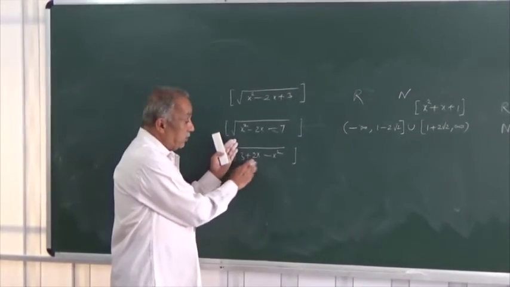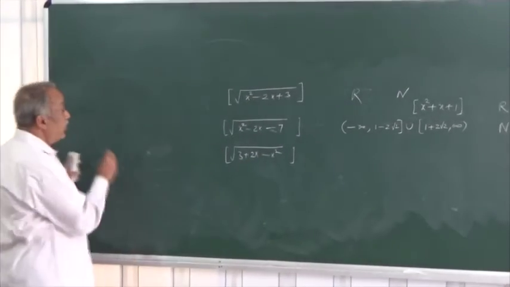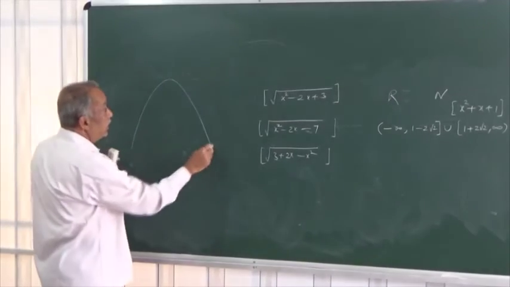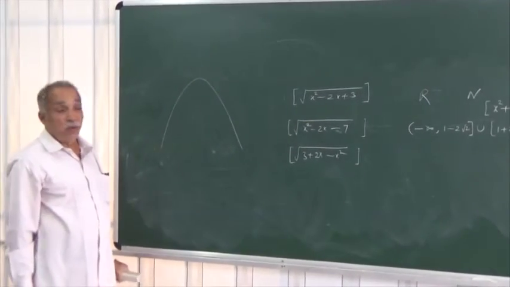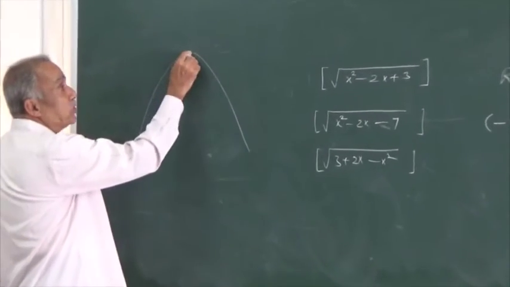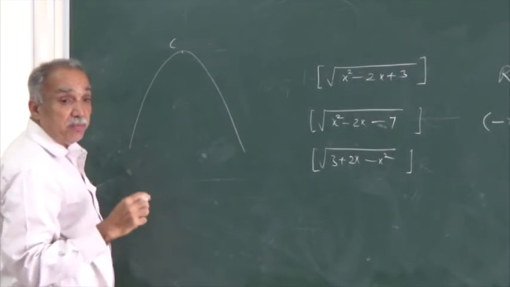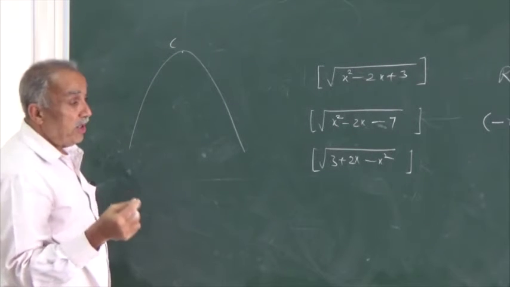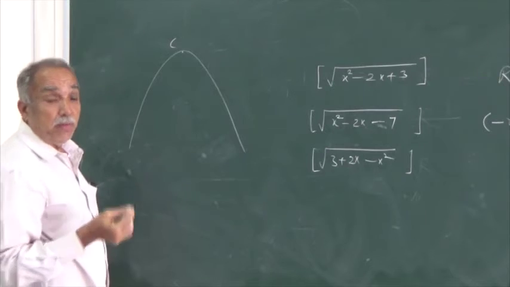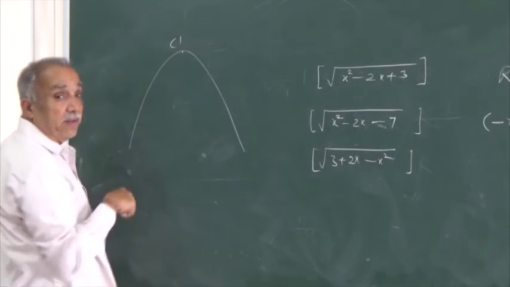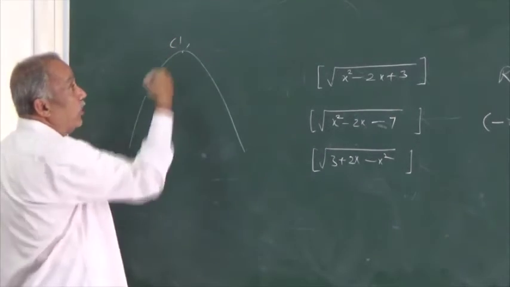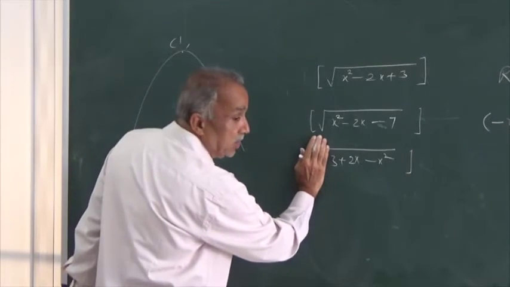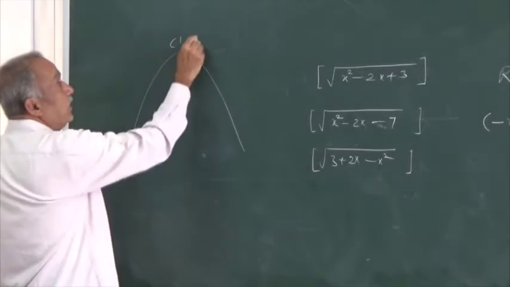Because the quadratic 3 plus 2x minus x square has x square coefficient negative, the graph will be a parabola with vertex above. The vertex will have x coordinate minus b by 2a, minus 2 divided by minus 2, that is 1, and y coordinate when x equal to 1: 3 plus 2 minus 1, 5 minus 1, 4.